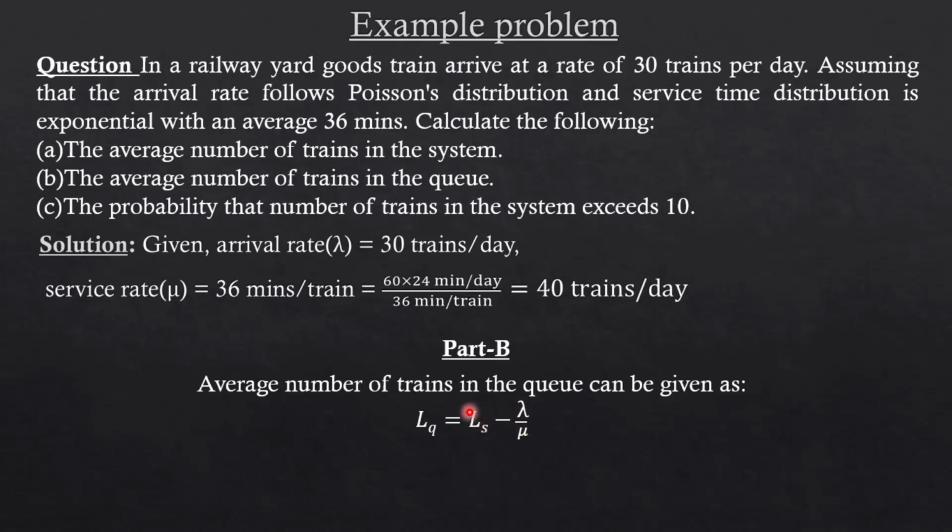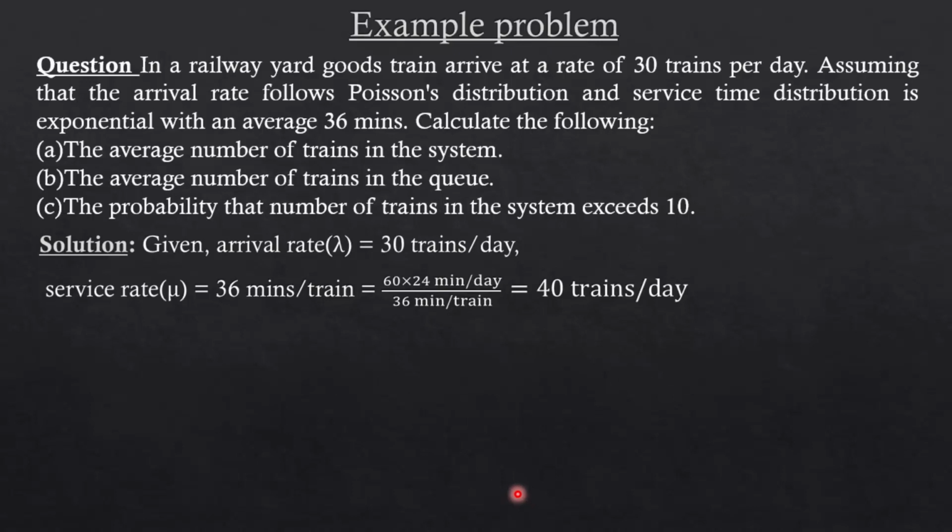So length of system we have already calculated in part A, which is 3 trains. So let us put this in the equation. So LQ, that is the length of queue, is given by 3 minus 30 by 40. 30 here is the value of lambda and 40 here is the value of mu. So this will come as 2.25 trains. So the length of queue here is 2.25.